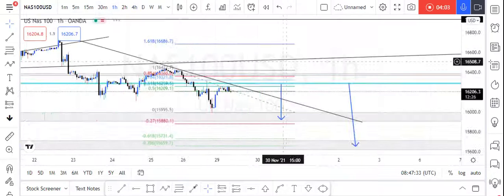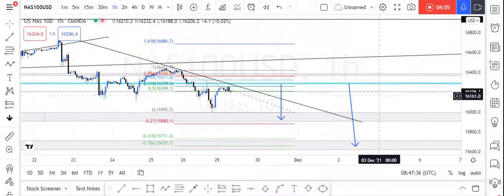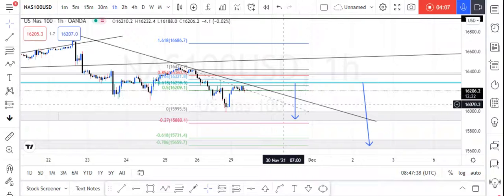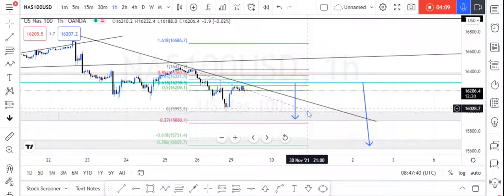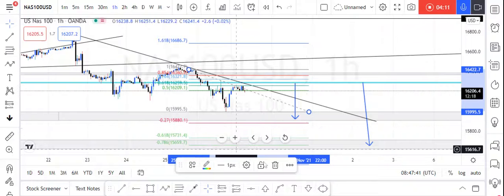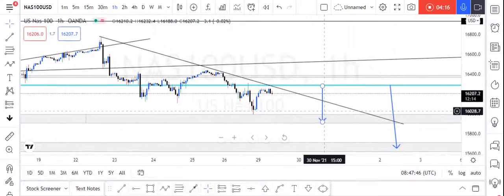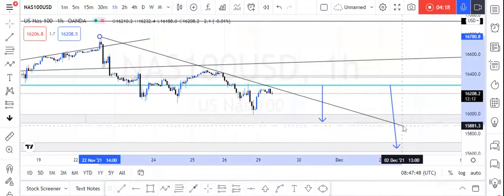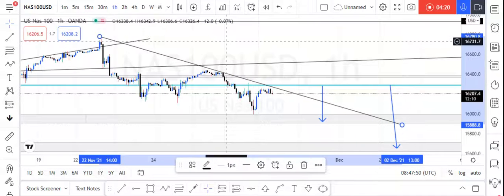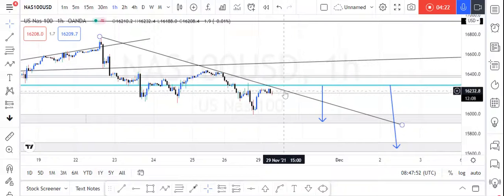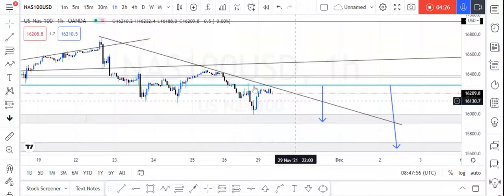So yeah, that's what we're anticipating for NAS. As you can see, a small downtrend formed. Let's clean it up a bit. Might go and touch there, consolidate, and then drop.